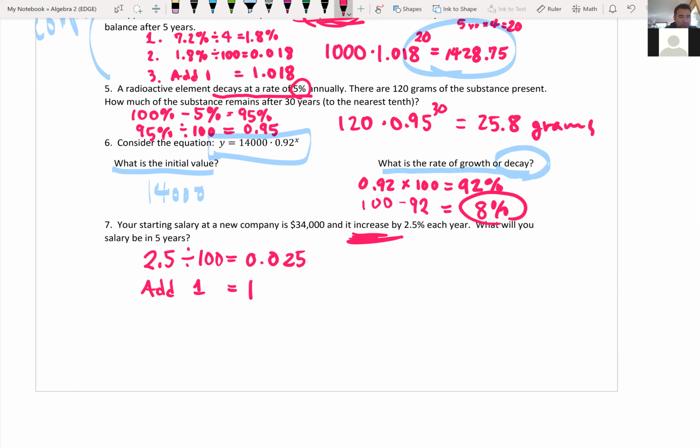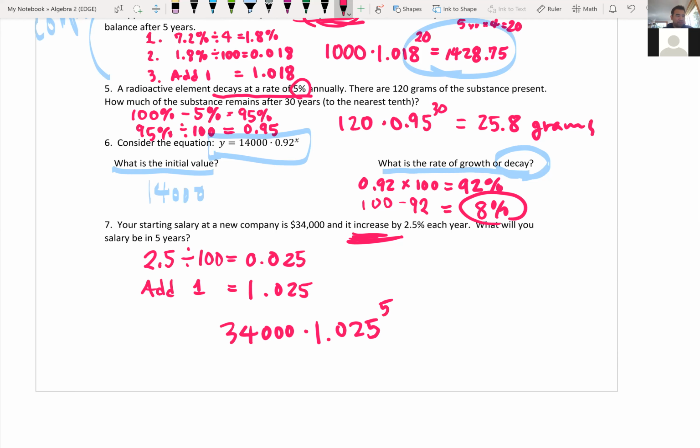So 1.025. Okay, that's the rate we need to be using. So 34,000 times 1.025 to the fifth power. Okay.